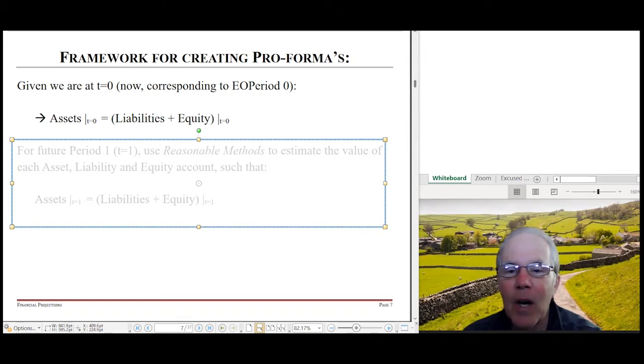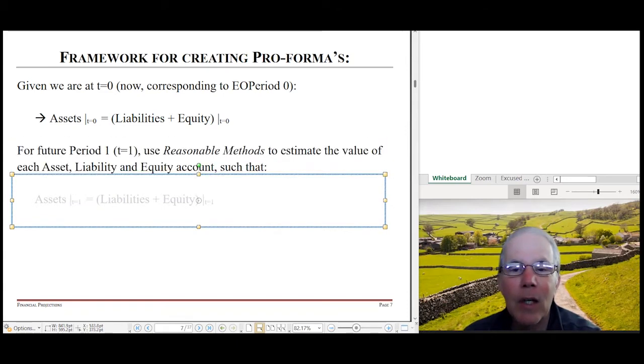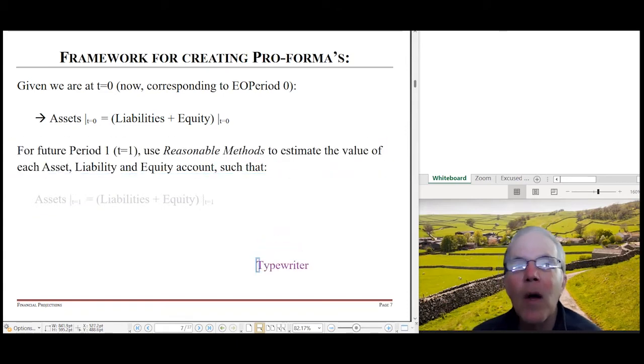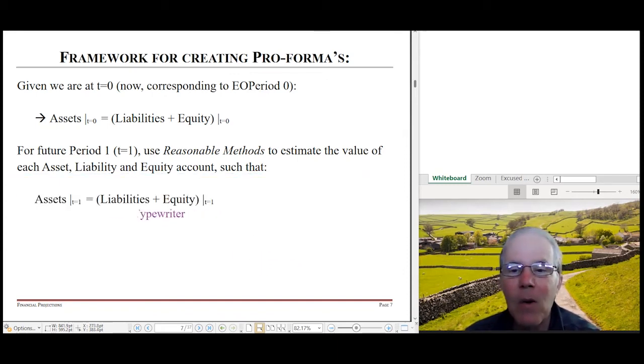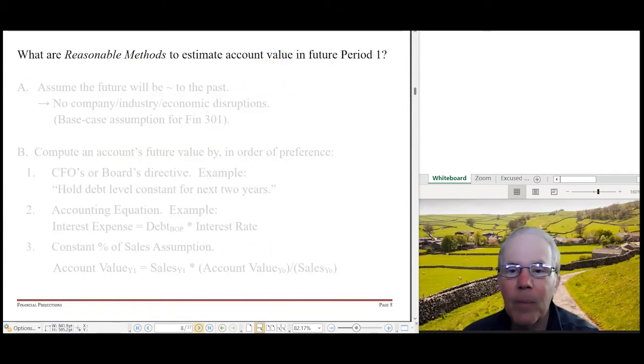And for a future period, t=1, say 1 year from now, we're going to use reasonable methods to estimate the value of each asset, liability, and equity account such that at t=1, 1 year from now, the assets at that time will equal liabilities plus equity at that time. So we'll still be satisfying in the future our fundamental accounting equation.